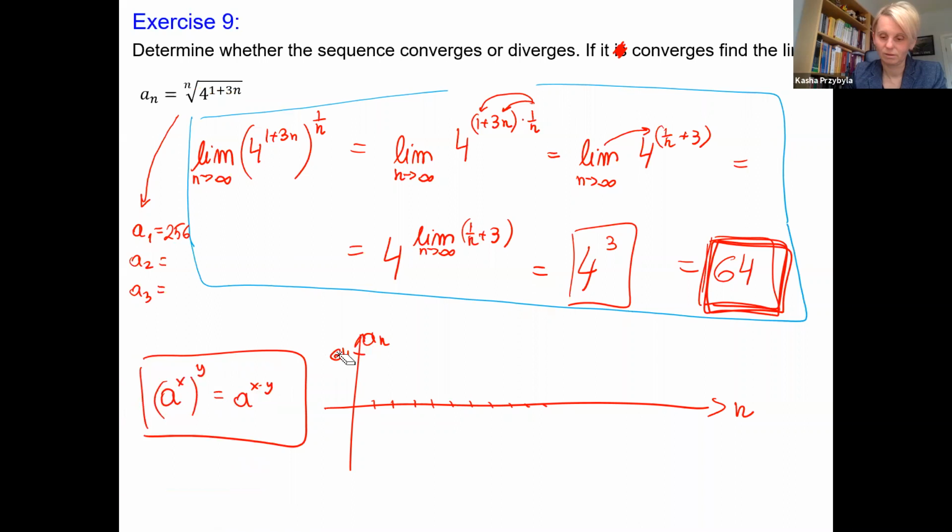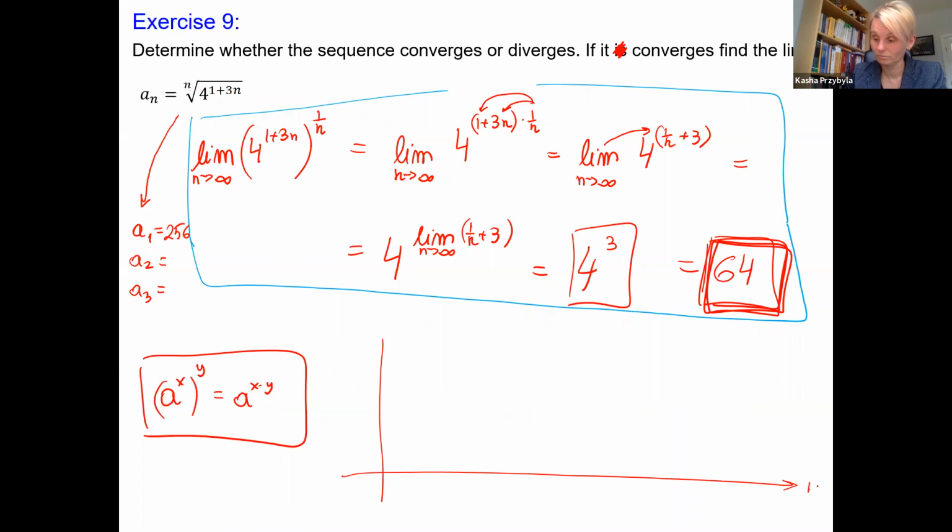Okay. I will draw it differently. We may have the product form. That means the first term is actually 256. I just want to draw a few and just show you. And what about the second term?